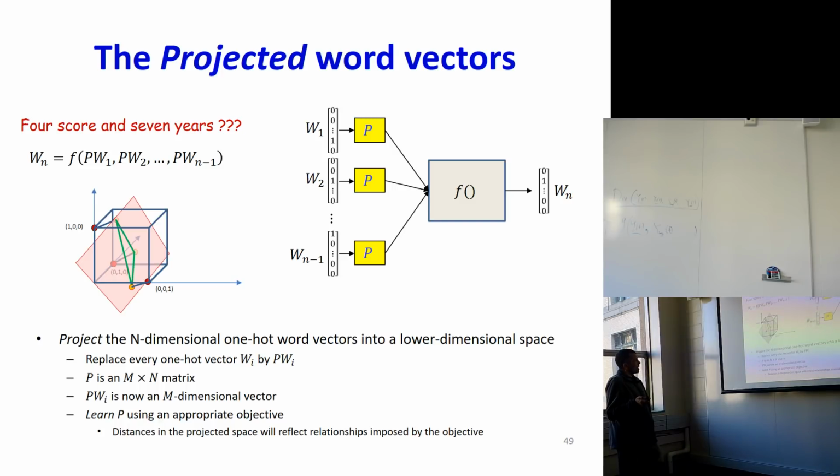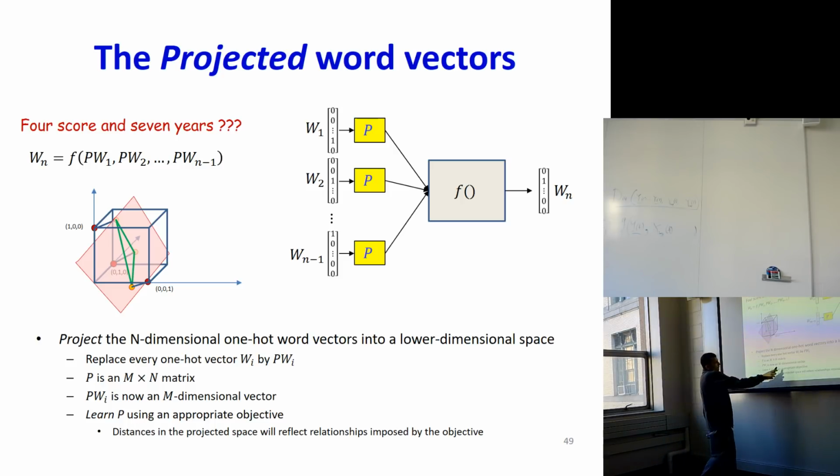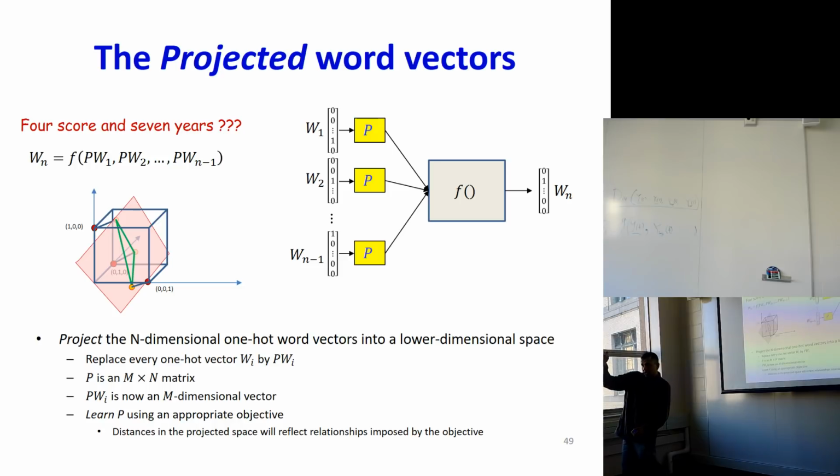So the standard technique here is that we're going to start off with this one-hot vector representation, and then project it down through a matrix P to a lower dimensional representation. Every Wi is a one-hot vector, but I'm going to multiply it by a matrix P, which is m cross n, where the one-hot representation is n-dimensional. So the result is now going to live only in m dimensions.